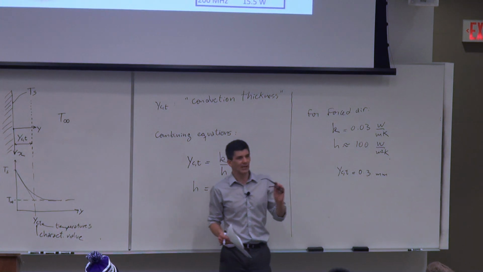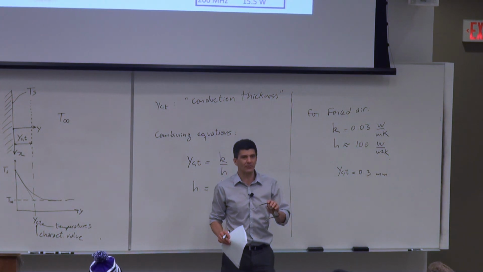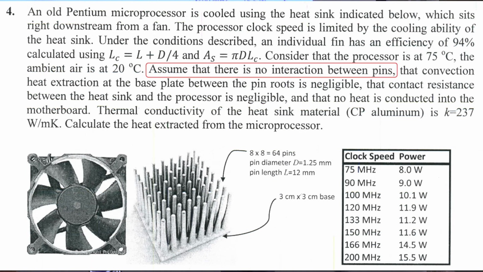Do you know that the limit to overclocking your chips is heat transfer? It's not electronics. Do you know that? In this problem, I said assume there is no interaction between the pins. What I want to ask you is, is it true?